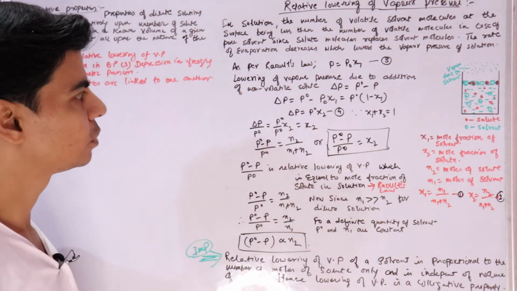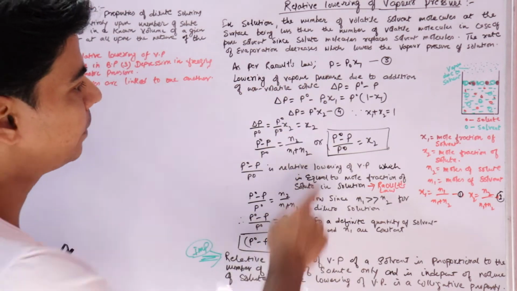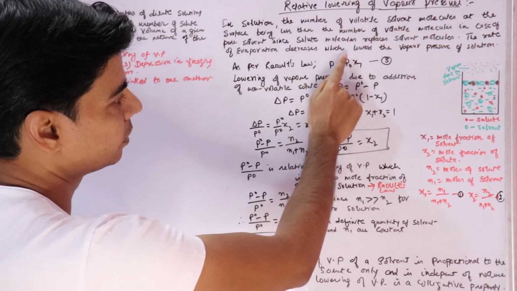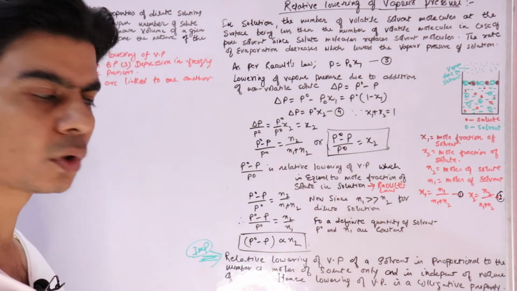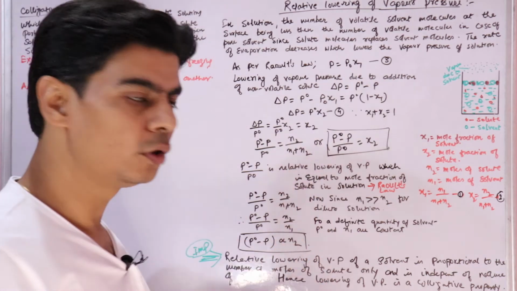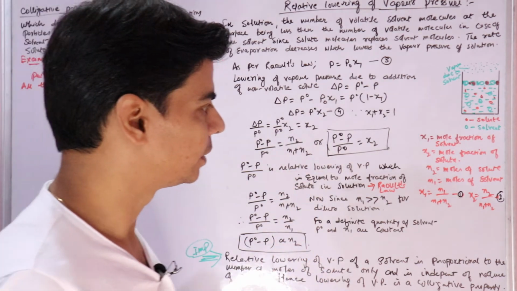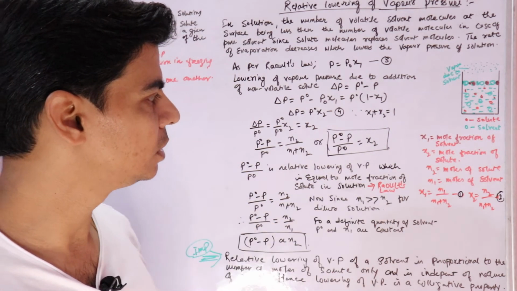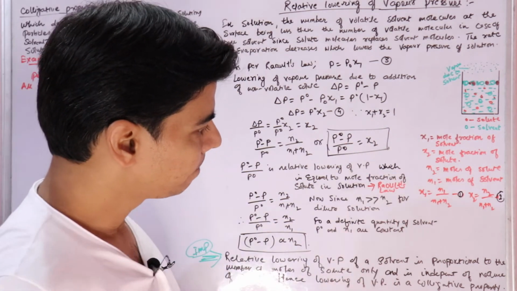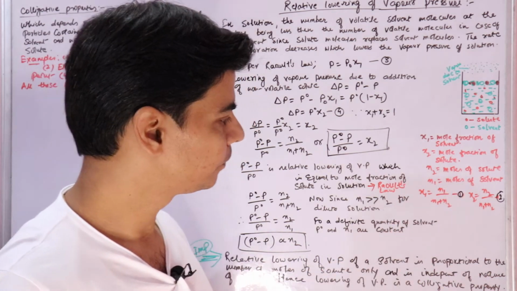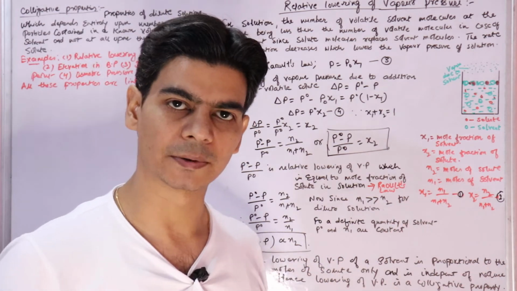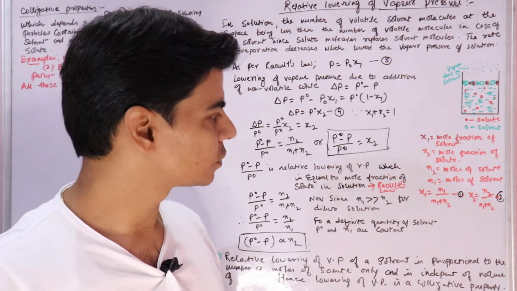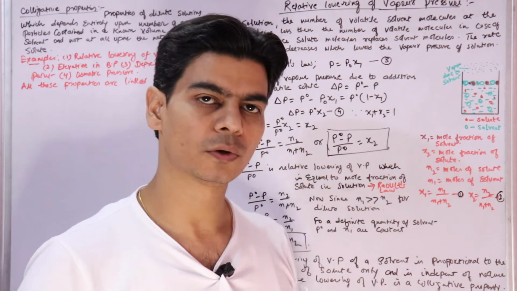As per Raoult's law, we have already proved that the vapor pressure of solution is equal to the product of the vapor pressure of pure solvent and the mole fraction of solvent, where x1 is the mole fraction of solvent. Suppose this is a solution that consists of n1 moles of solvent and n2 moles of solute. x1 is the mole fraction of solvent and x2 is the mole fraction of solute.